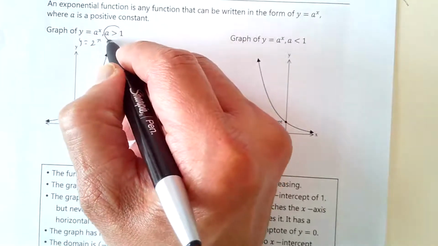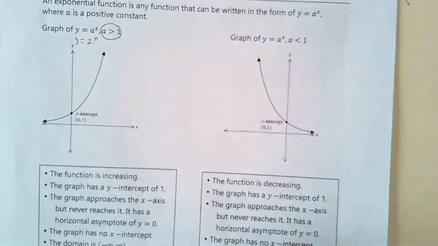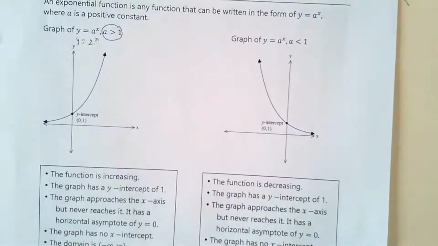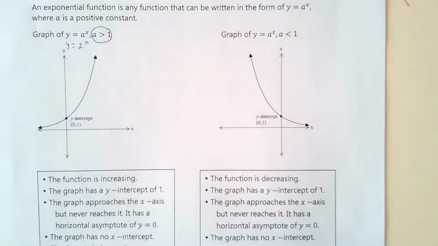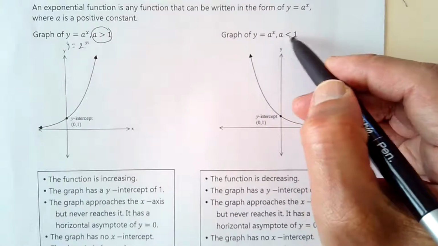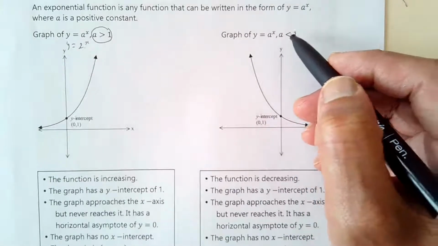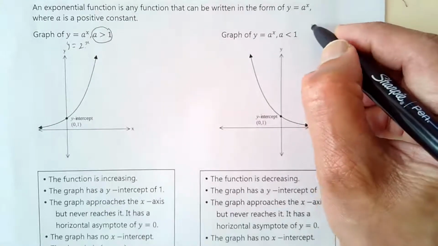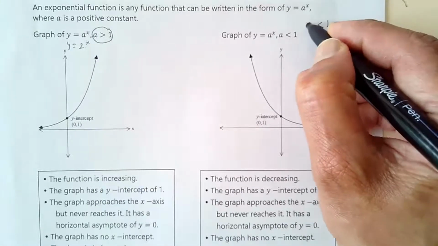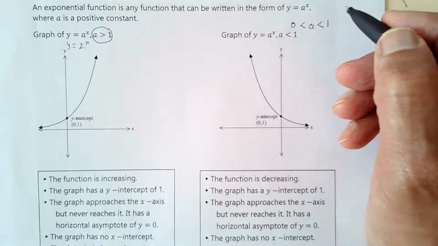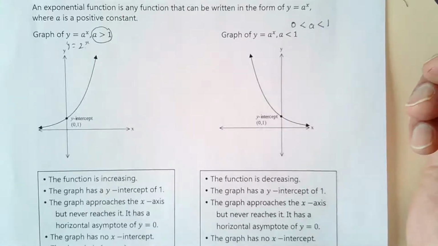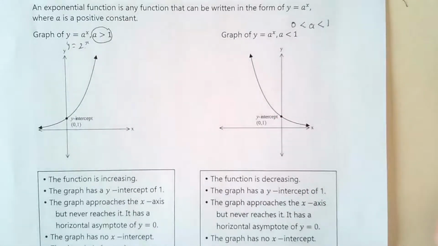When a is greater than 1, the graph is increasing. When a is less than 1 and greater than 0, so a is between 0 and 1, it's decreasing.